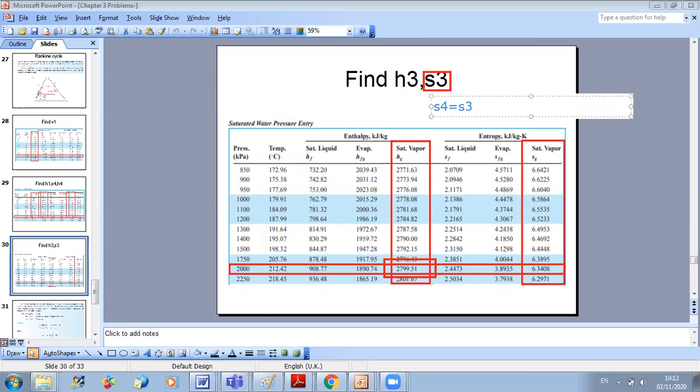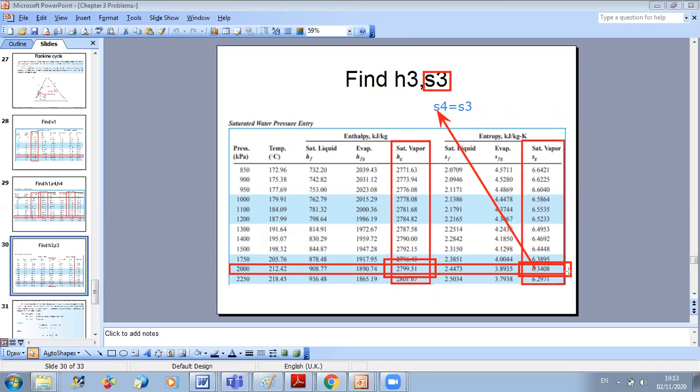Since I need after to determine the state 4, I need to get from this table not only Hg used in the boiler calculation of heat, but also Sg, which corresponds to S at point 3. So I will take the entropy at the saturated vapor, which is 6.3408, and I will only need it to determine what? To determine state 4. So I can directly say now that for state 4, S is 6.3408.